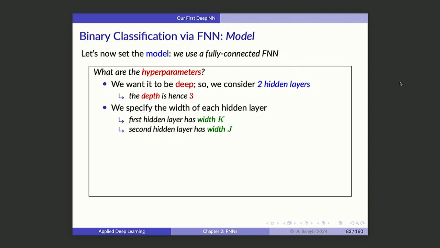So what is going to happen is that I have my data X, which is of some dimension n, and this is going to get to the first hidden layer.